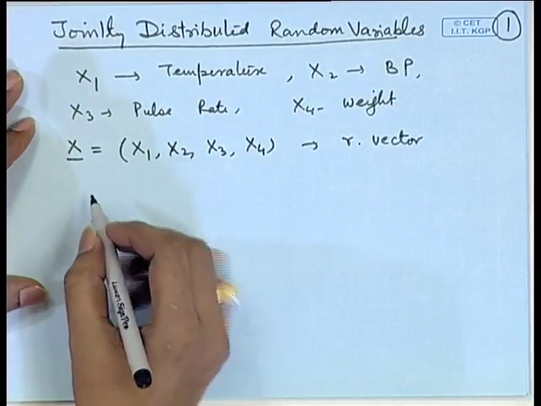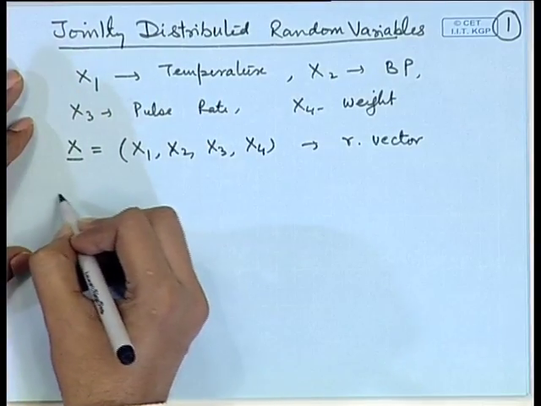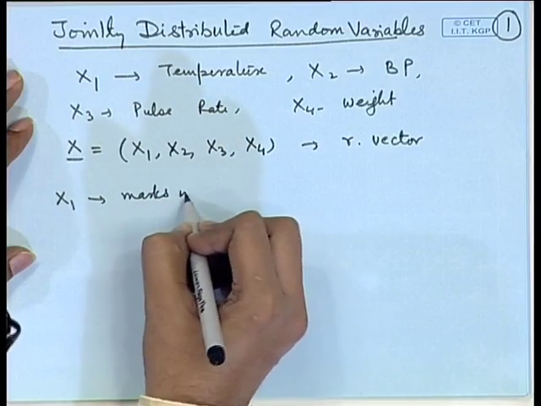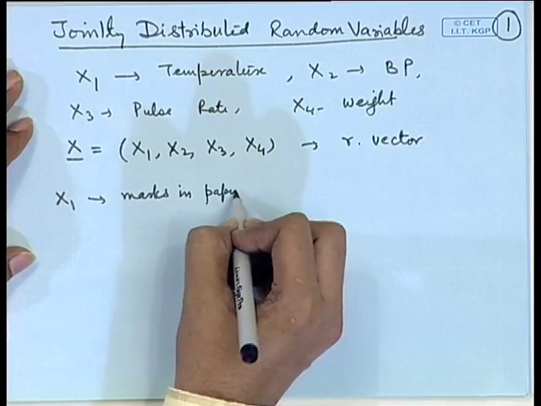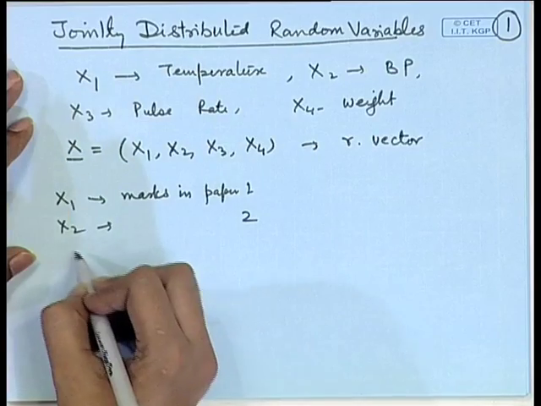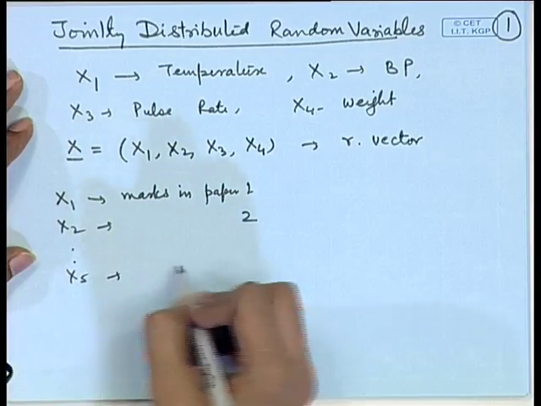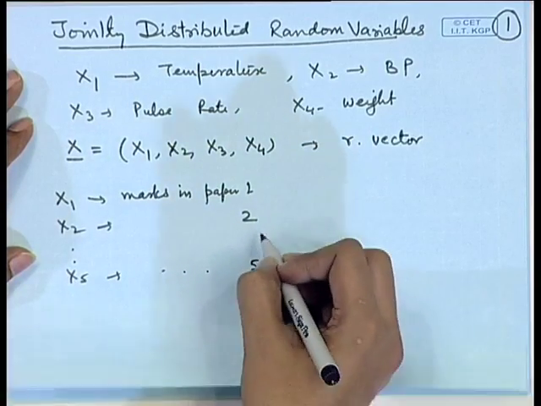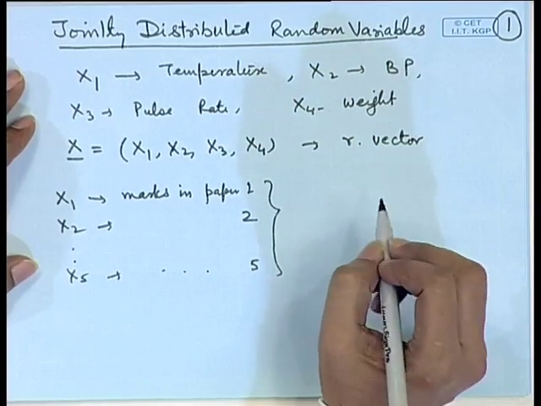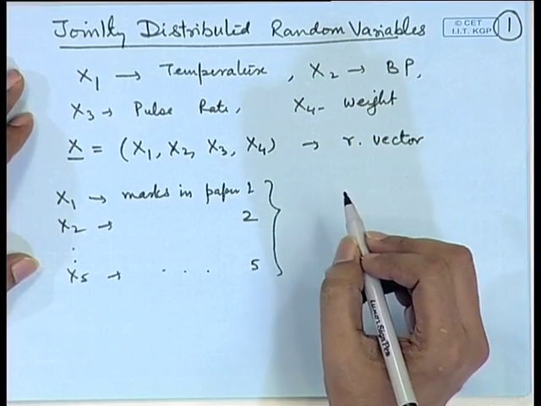We may be looking at, say, x1 as marks in paper 1, x2 as marks in paper 2, up to x5 as marks in paper 5. So, students are studying 5 subjects in a particular semester, and each of them will get different marks in different test papers.